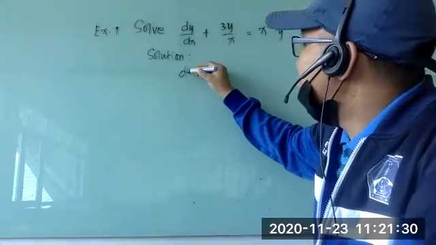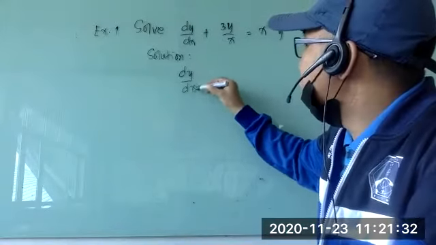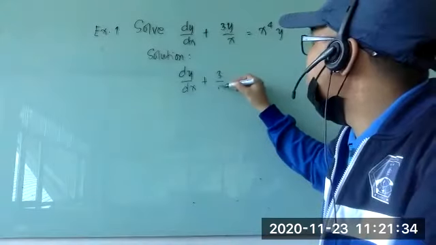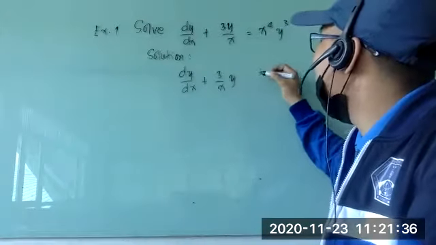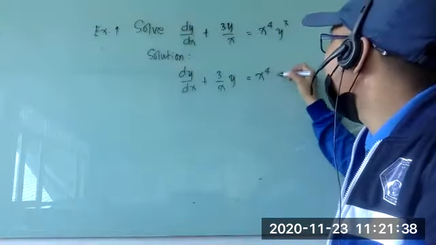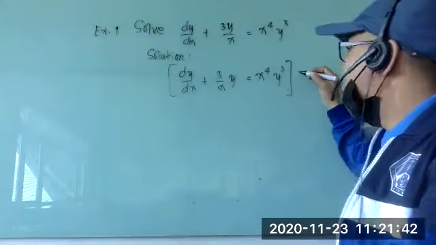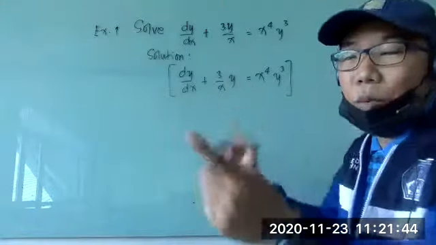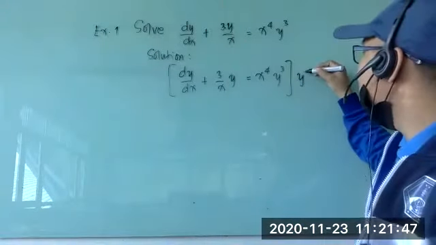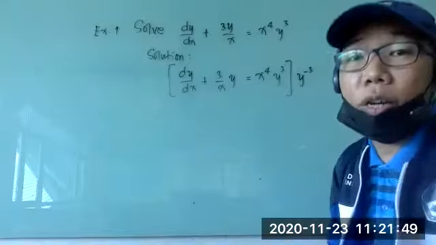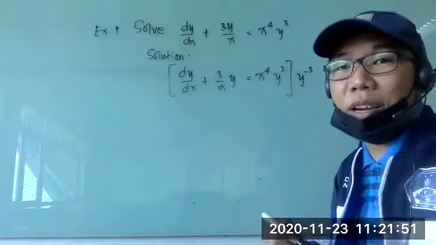Now, so dy over dx plus 3 over x times y equals x raised to 4 y cubed. We are going to multiply both sides of the equation or the entire equation by y raised to negative 3 or 1 over y raised to positive 3.